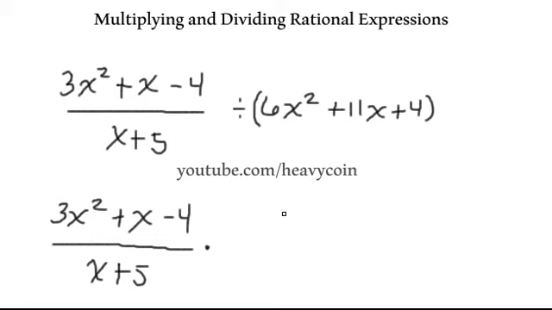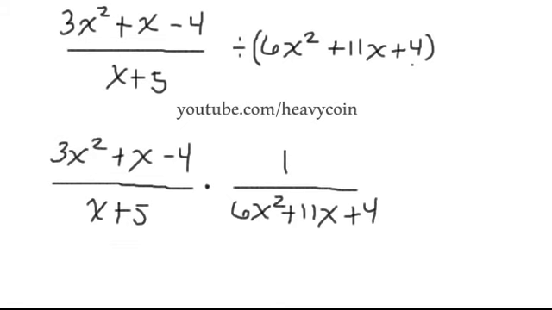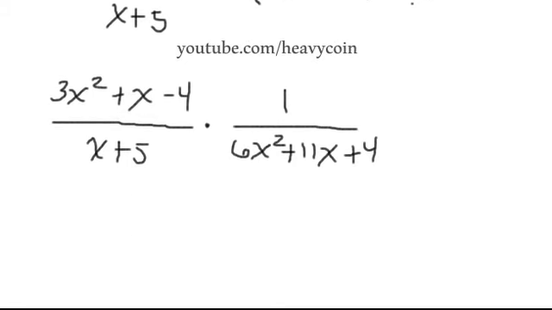Now, this is going to be rewritten as 1 over 6x squared plus 11x plus 4. Alright, because this is assumed here to be over 1. Okay, so remember we flip it, so that'd make that 1 over. Alright, now it's time to factor some stuff, hopefully cancel some terms out.